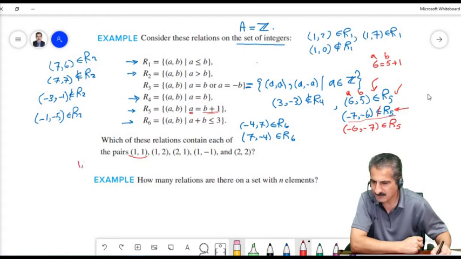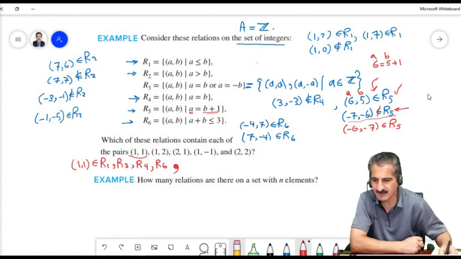Yes. Does it belong to R2? No. It belongs also to R3. Does it belong to R4? Yes. It does not belong to R5, and it belongs to R6. So (1, 1) belongs to all of these.